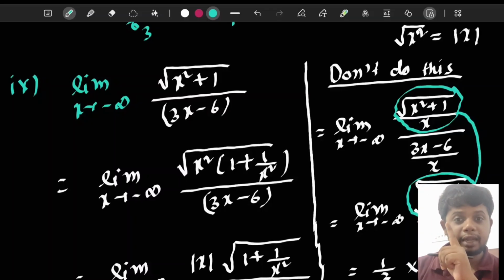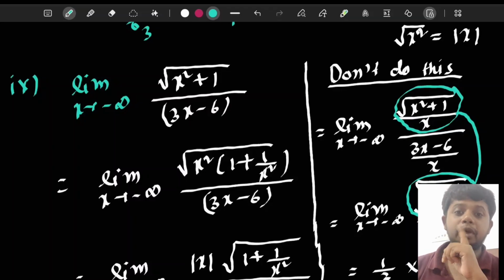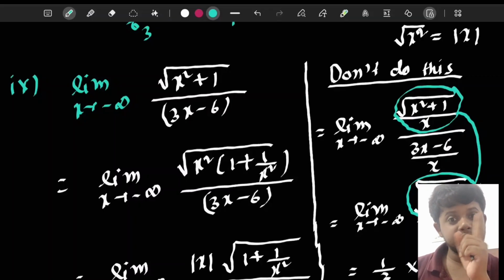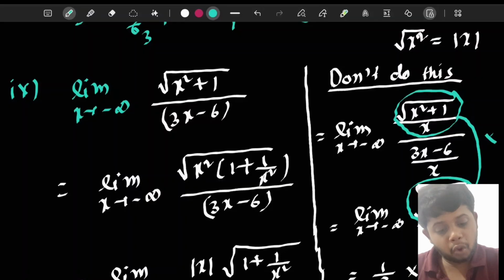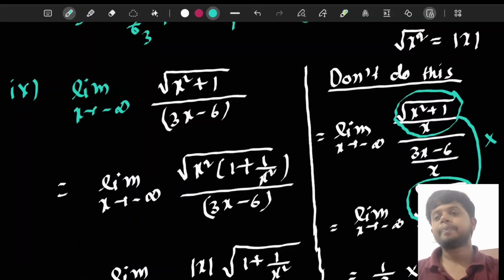A negative number cannot be inserted into the under root, because under root is always a positive quantity. It's not x, it's minus x. Mod x will come minus x, and mod x square will come x square. So that's why we cannot do that. We are not allowed to do that. Okay, so don't do that.